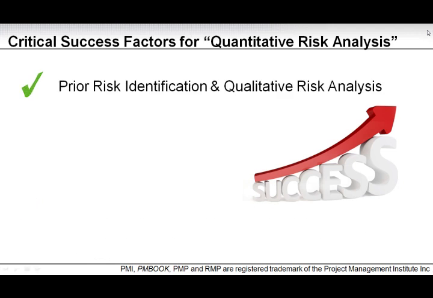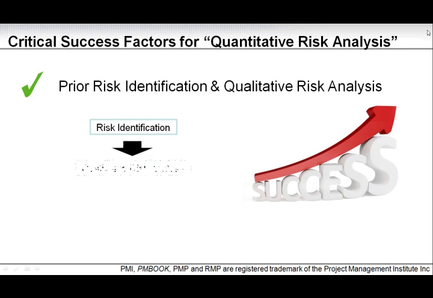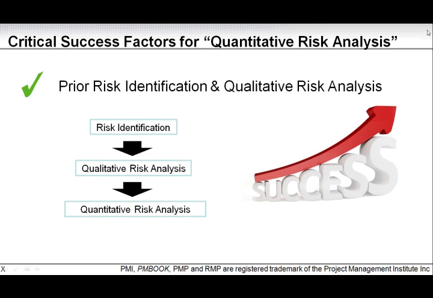Prior risk identification and qualitative risk analysis. Here we try to put a short illustration. Really what you are doing is risk identification, then you do your qualitative risk analysis on top, and then you do the quantitative risk analysis.